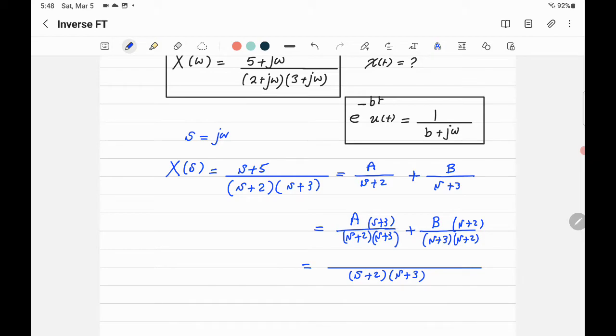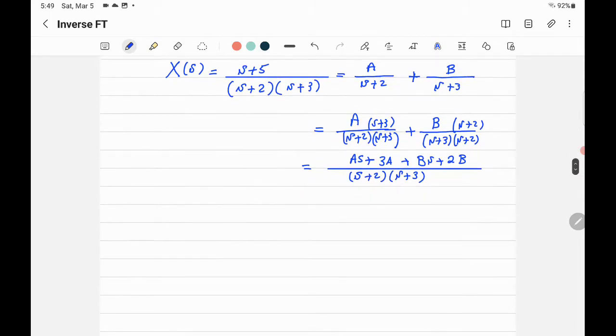In the top here, A times s is As, plus A times 3 is 3A, plus the second term, B times s is Bs, plus B times 2 is 2B. Now you collect like terms: you have As and Bs, so you take s as a common factor, and what you have is A plus B. So we are done with this one.